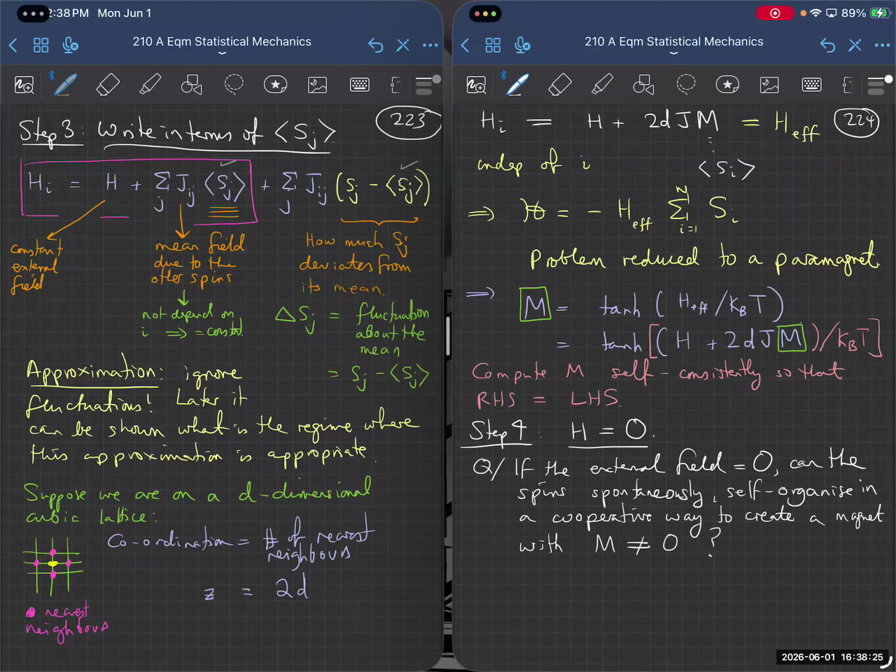All right, so in order to answer that, what we have to do is set h equal to 0, and then we get that m is equal to the hyperbolic tangent of 2dJm over kBT.